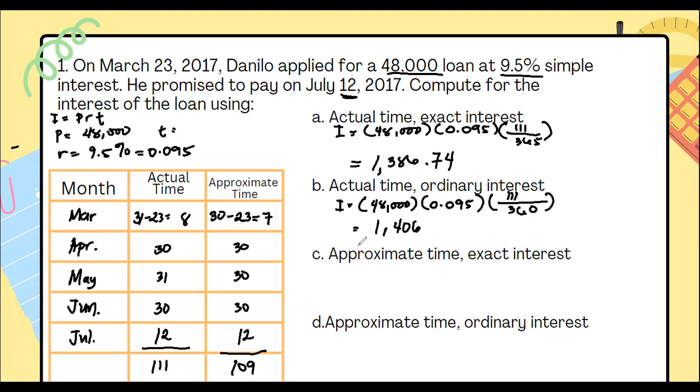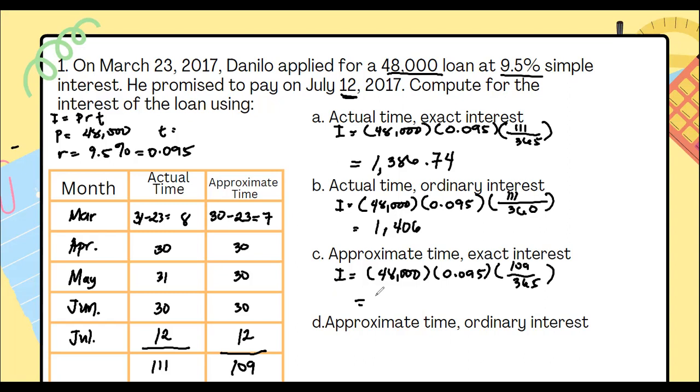Now, proceed tayo for letter C. Same formula, I is equal to PRT. Principal natin is 48,000. Rate natin is 0.095. And yung time naman natin this time is gagamitan natin ng approximate time, exact interest. So number of days ng loan, so that is approximate 109 naman this time, divided by exact interest. Yung exact interest natin 365 days. Okay? Then, pwede nyo na po itong i-input sa calculator. Be careful lang sa pag-input sa calculator, ha?